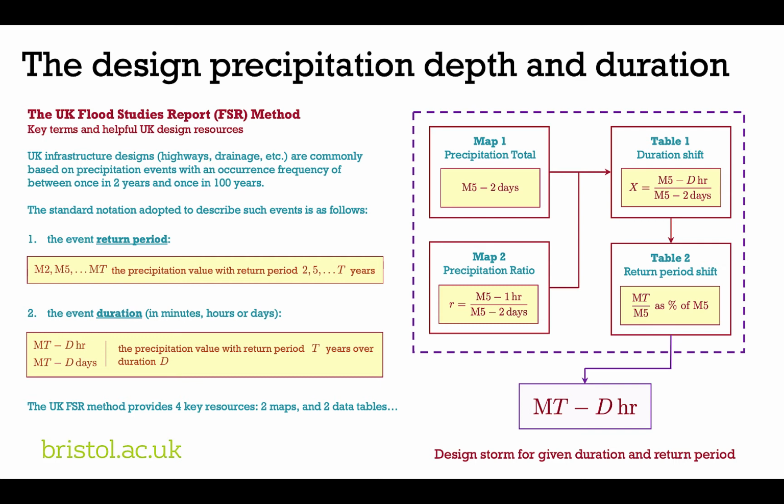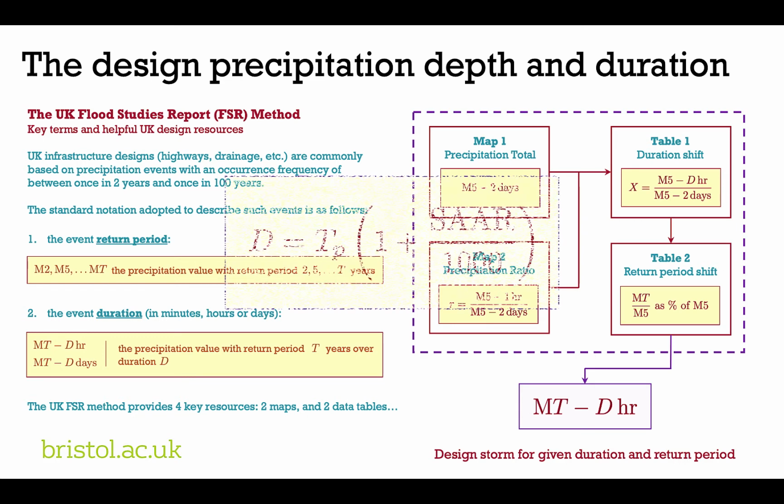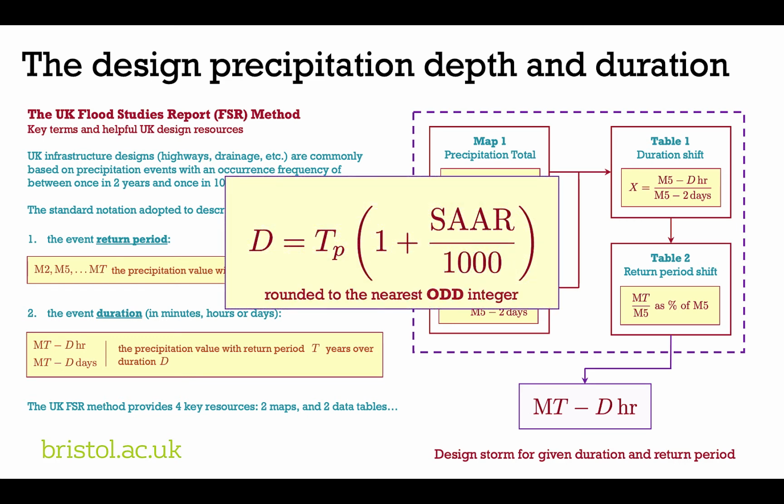So the only thing in here that we don't know so far is D, which is the duration. But that is determined by the unit hydrograph parameter Tp, and it's given by the function of Tp times 1 plus the standard average annual rainfall divided by 1000. So we can find that directly once we've found the hydrograph time-based Tp.